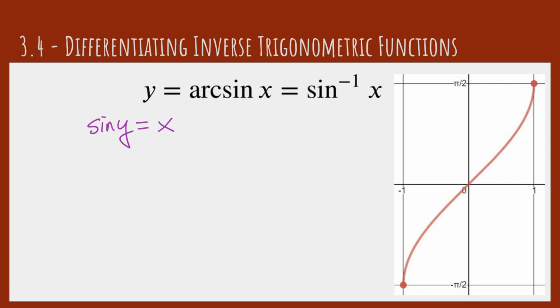All right, so with the restrictions that we have on domain and range, these two right here, or at least, this is going to be the inverse function for the sine function. So now I'm going to take the derivative of both sides of this using implicit differentiation.